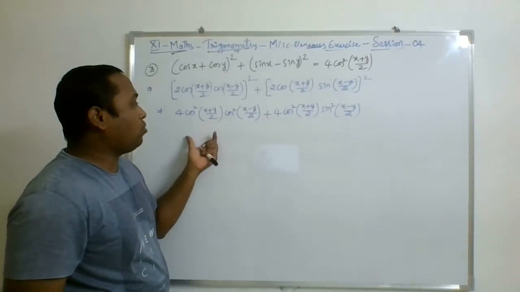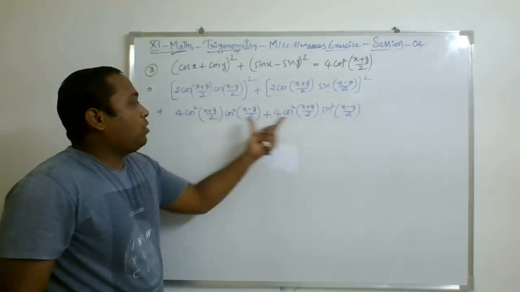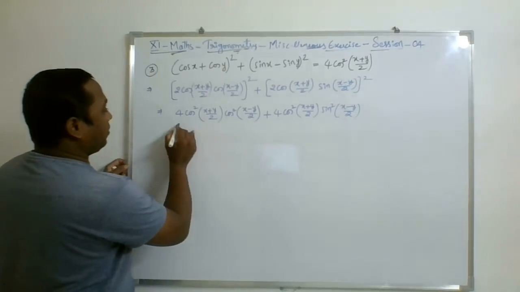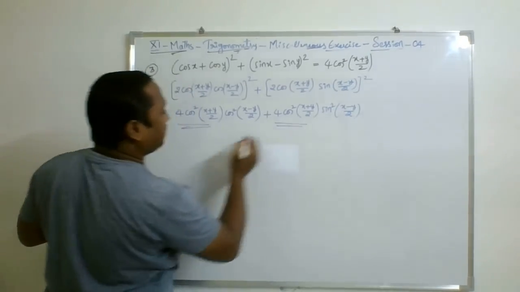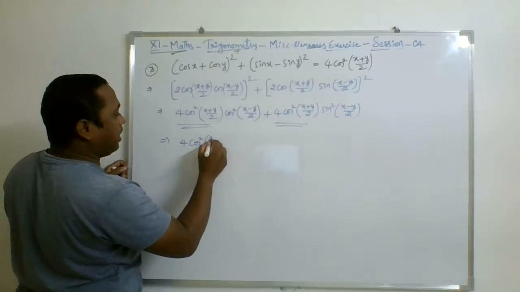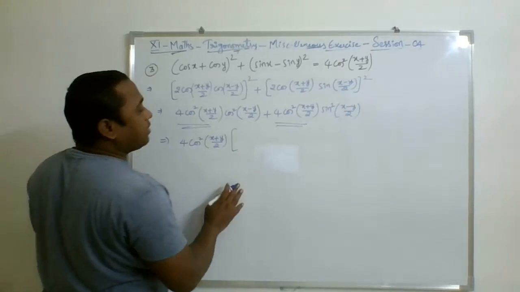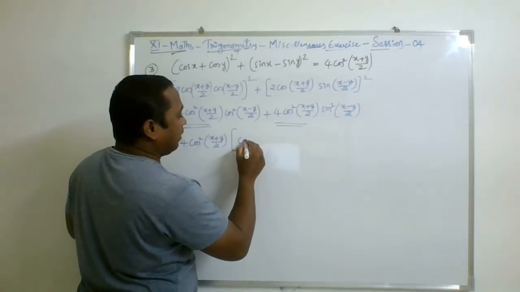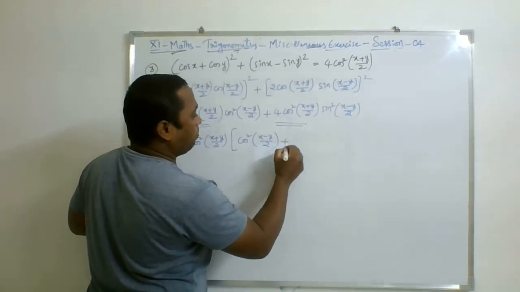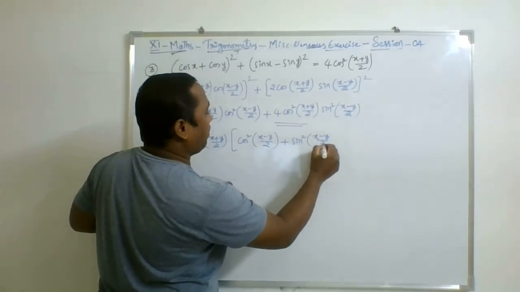Then I could see that 4 cos square of (x + y) by 2 is a common term, so I am taking it common from the entire expression. What is left inside is cos square of (x - y) by 2 plus sin square of (x - y) by 2.